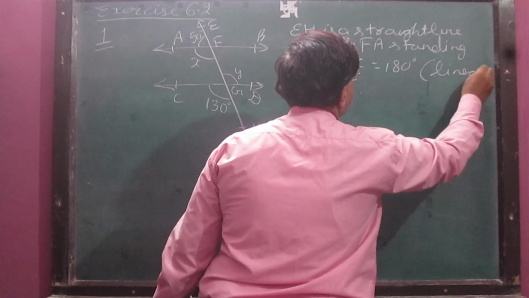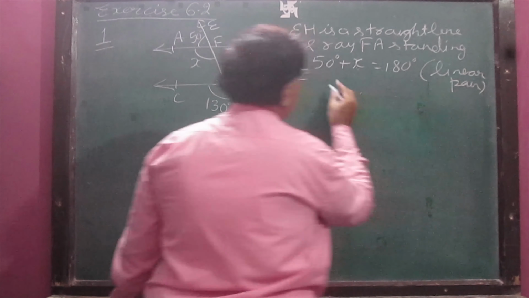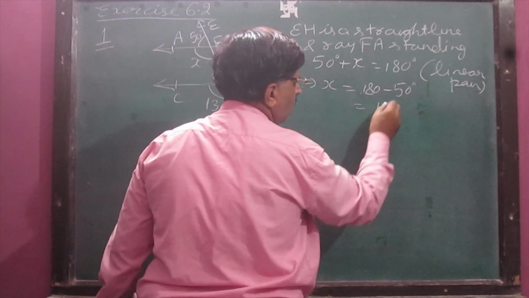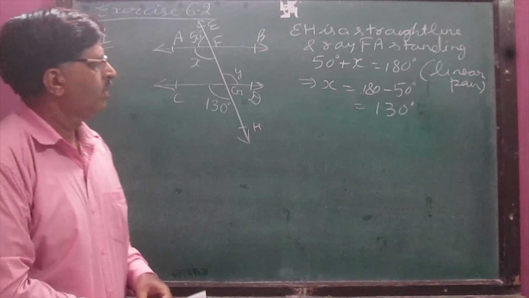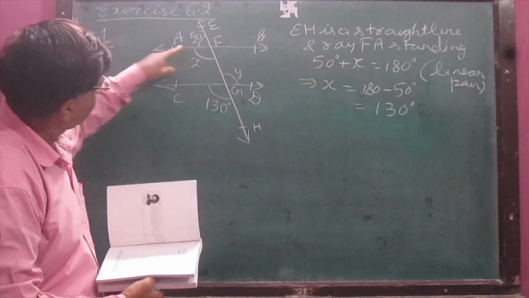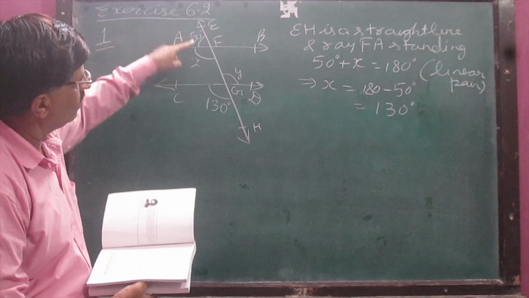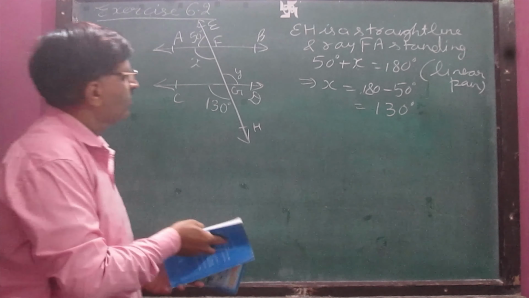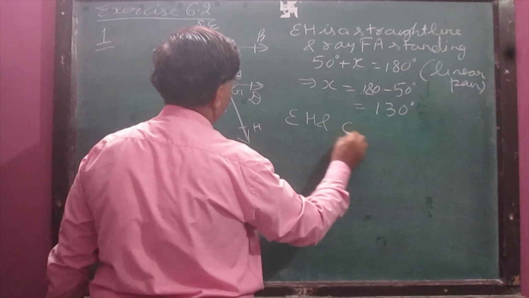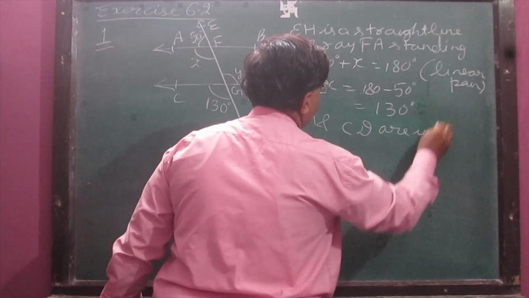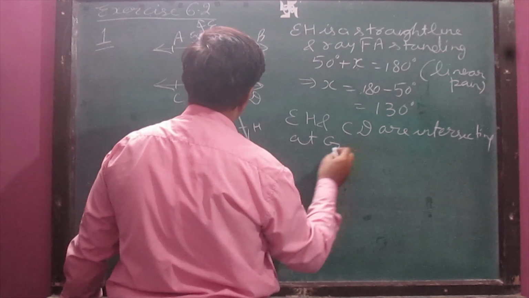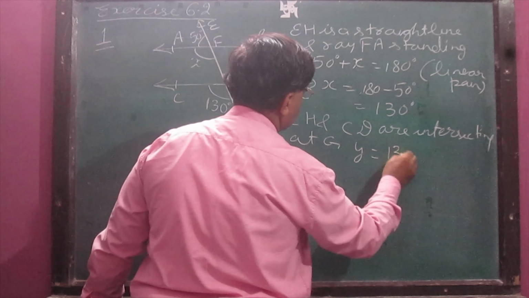Property is linear pair, which implies X equals 180 minus 50 degree, 130 degree. Linear pair: a line with a ray standing on it, and the two angles that are formed will be a linear pair, and their sum will be 180. In the same way, you can see EH and CD are intersecting at G, so Y equals 130 degree.